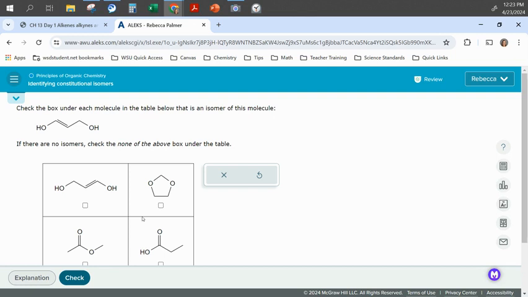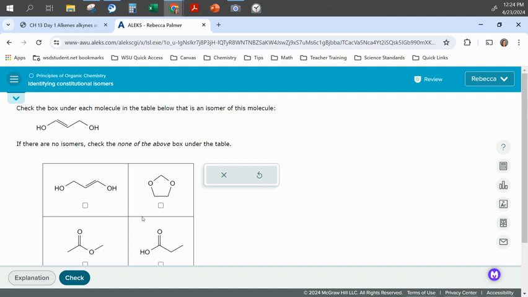And then we have 2 oxygens. Okay, so this molecule, let's just look at it. Is this the same molecule? You have to be careful, but this one looks like the same molecule. Same molecule, not an isomer.